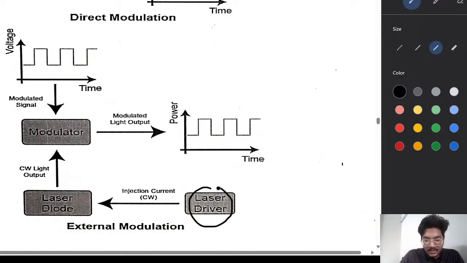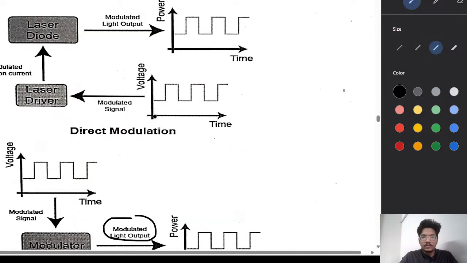The laser driver provides a continuous wave to the laser diode, followed by the modulator and the light output.